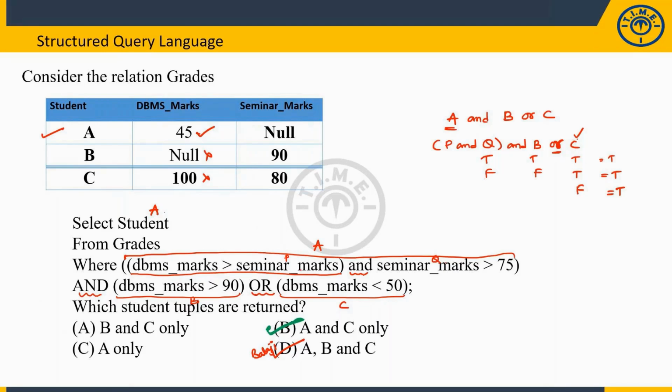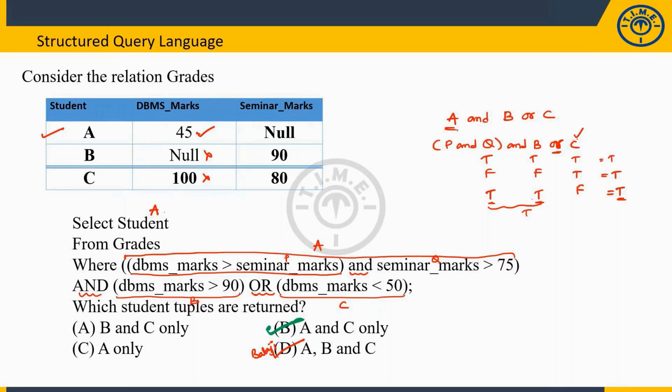And suppose the third condition is false. DBMS marks less than 50 is false for these two rows. Now, for the condition to be true, the first condition and second condition must both be true. True and true is true. True or false is true.